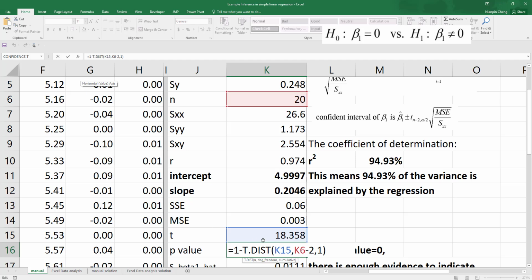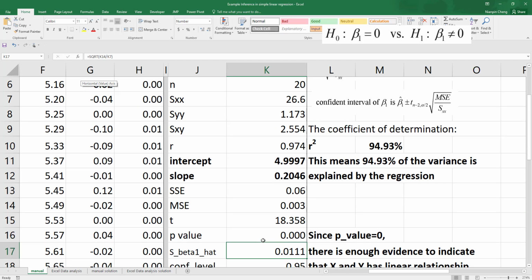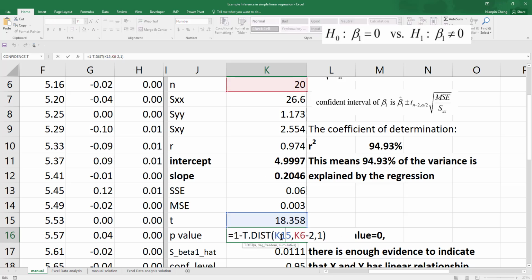So in this case, we have the sample size 20, so 20 minus 2 is the degrees of freedom. And we calculate the p-value. It's almost 0, it's 0, okay? So since the p-value is 0, and our null hypothesis is that the slope is 0, we reject it.